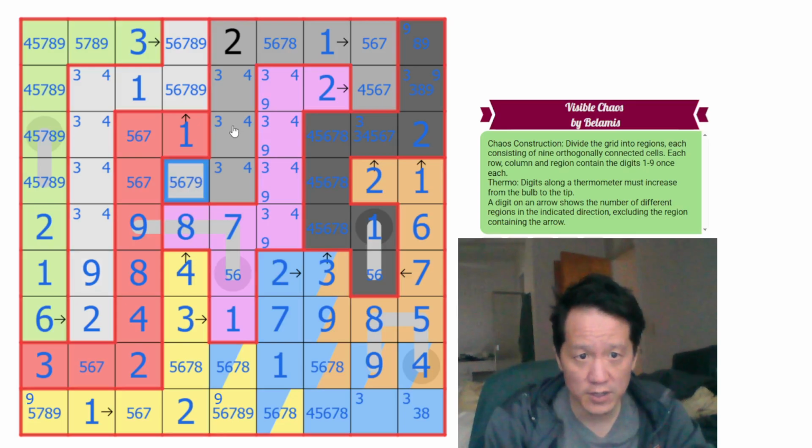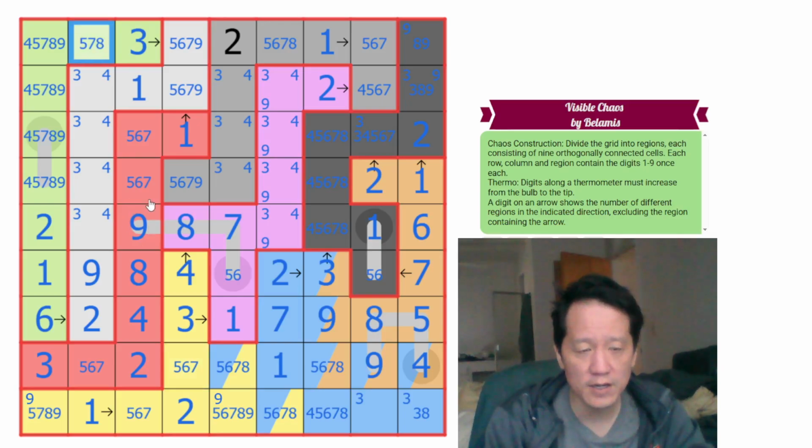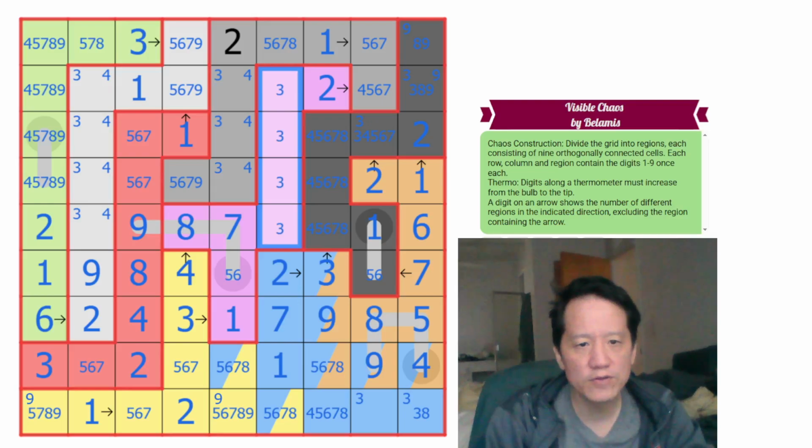This can no longer be 8. These can't be 8. This can't be 8. This can't be 9. The remaining digits here are 3, 4, 5, 6, and 9.